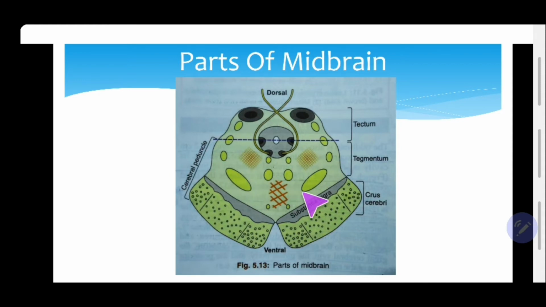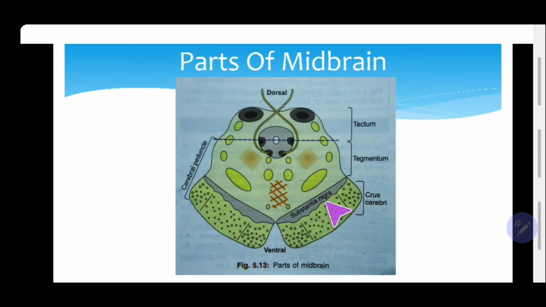And this tegmentum is in straight continuity with the forebrain above and with the hindbrain below. That means the tegmentum continues with the pons and medulla below. Got it?